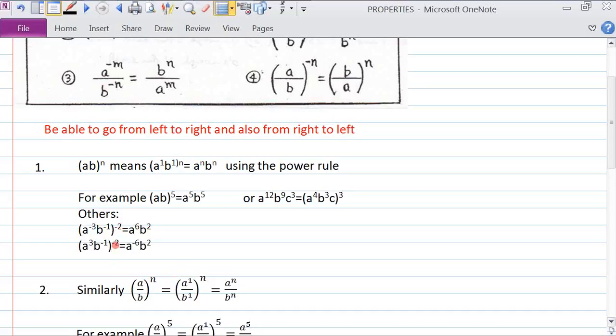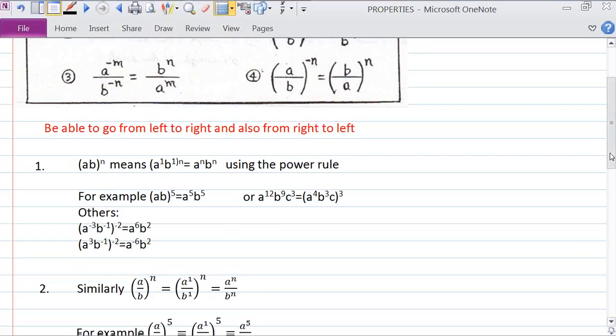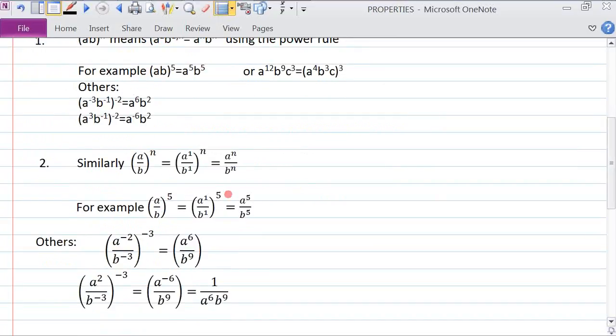Similarly, over here, a to the power 3, by the power rule, when I multiply the 3 times the minus 2, I get minus 6. Minus 1 times minus 2 gives me b squared. So just look at those and make sure you understand them.